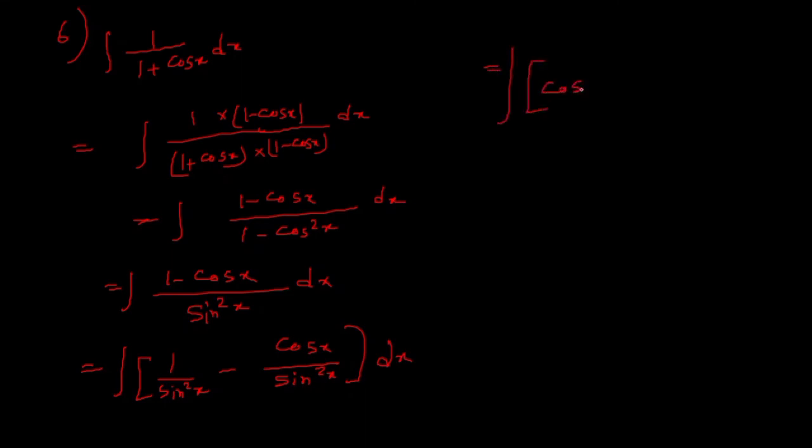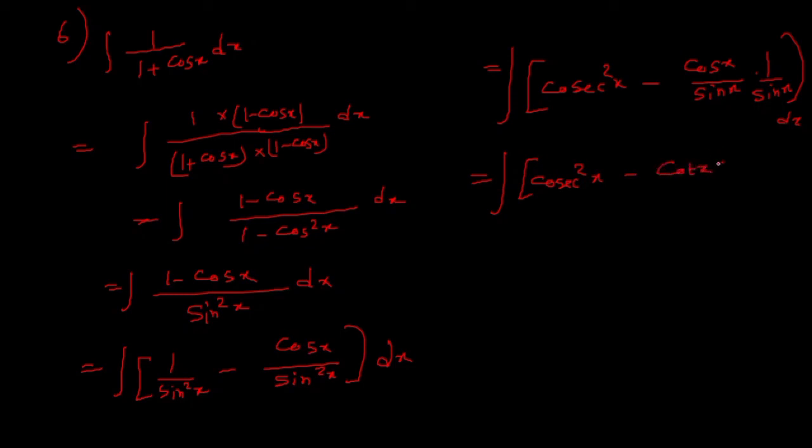That will be cosec square x minus, this can be represented as cos x by sin x into 1 by sin x dx. So integration of cosec square x minus cot x into cosec x dx.